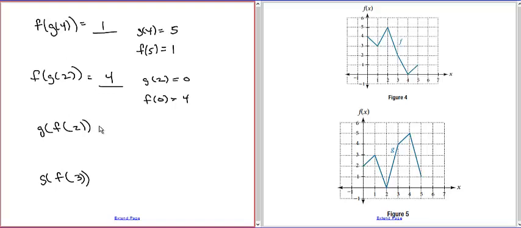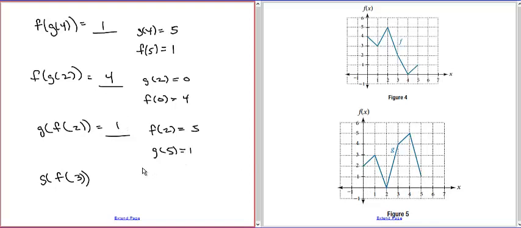Now, if you want to do g of f of something, first you do f of 2. So whatever's in the parentheses. So we go to x equals 2, y equals 5 for the f curve. So that's 5. Then we do g of 5. So come down here, go to x equals 5. That's 1.